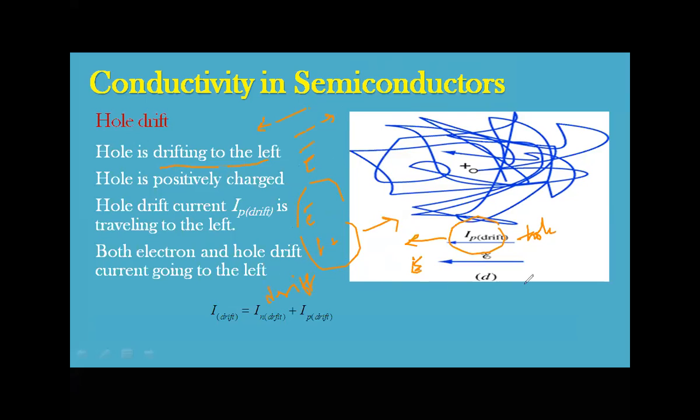But in the case of drift, it depends on the field. So whichever direction the field is in, both electrons and holes move in the same direction. Remember guys, both move in the field direction. In general, they don't move in the same direction, but when you apply the field, they both do.